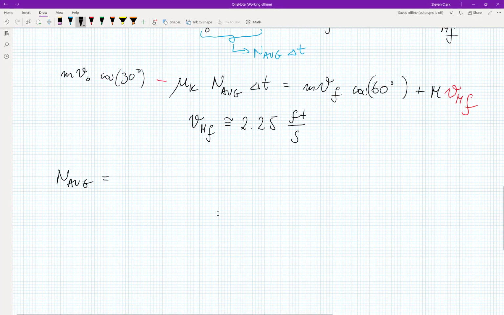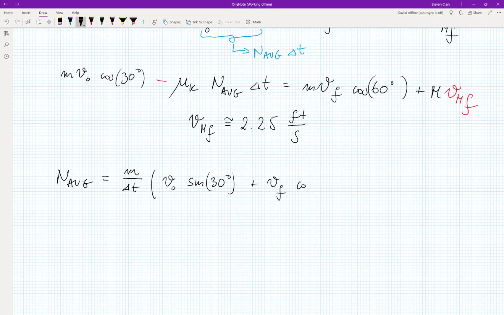N average is m divided by delta t times velocity 0 sine 30 degrees plus velocity final sine 60 degrees, plus m g.